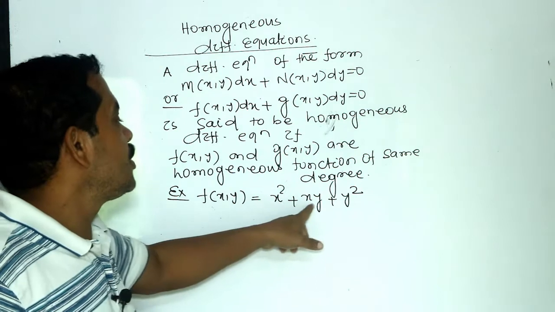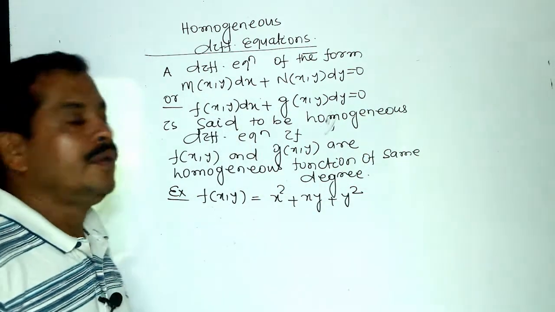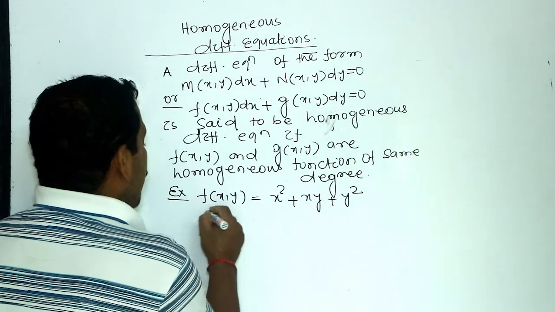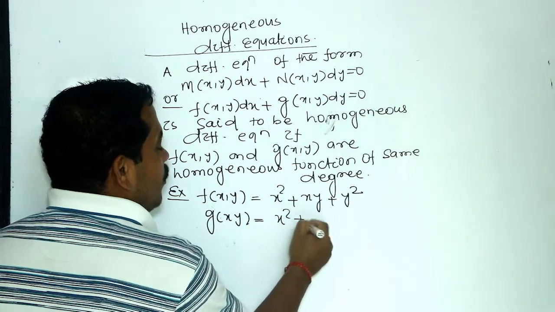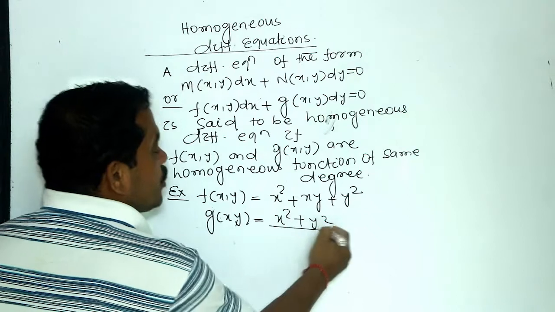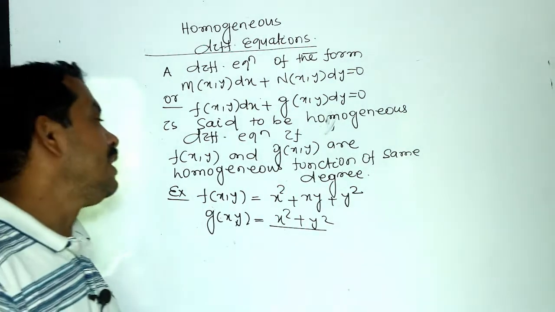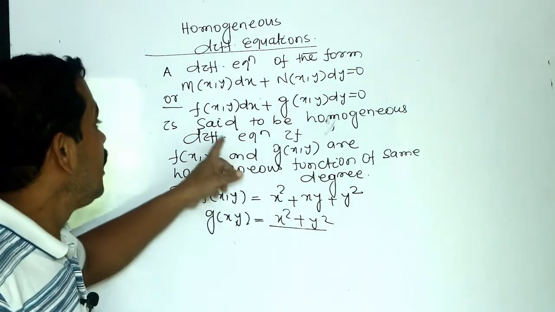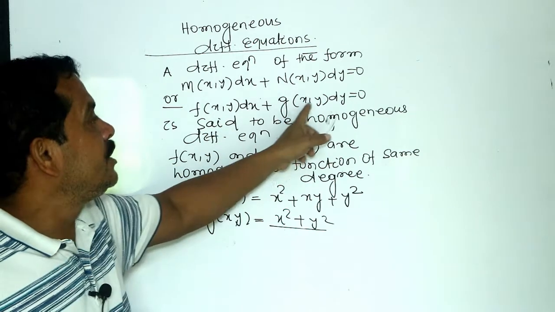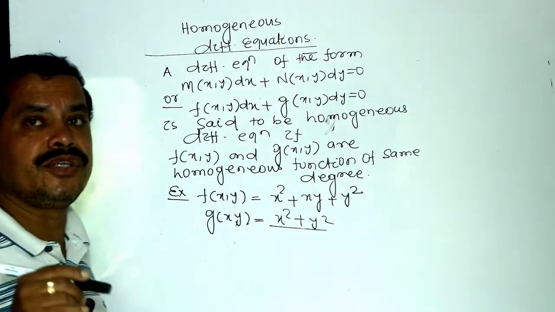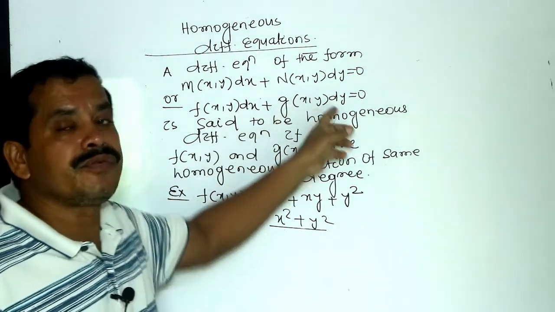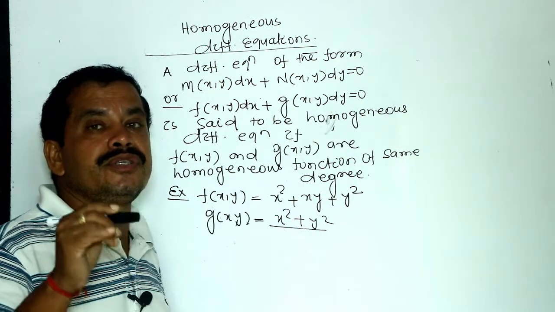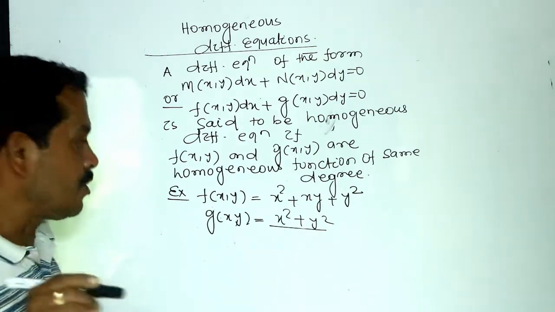Similarly, suppose g(x,y) = x² + y². It is also a homogeneous function of degree 2. So if f(x,y) and g(x,y) are homogeneous functions of the same degree, then the differential equation is said to be a homogeneous differential equation.